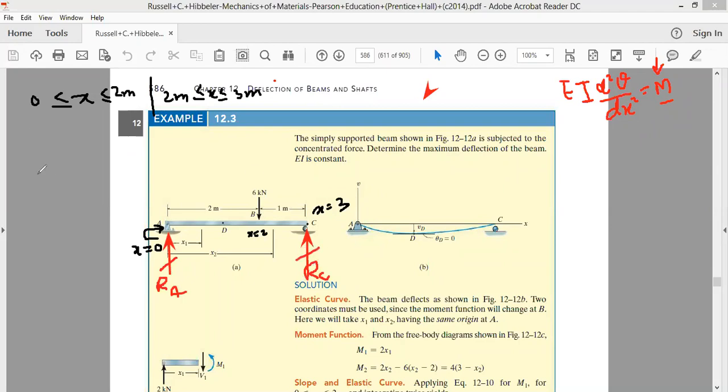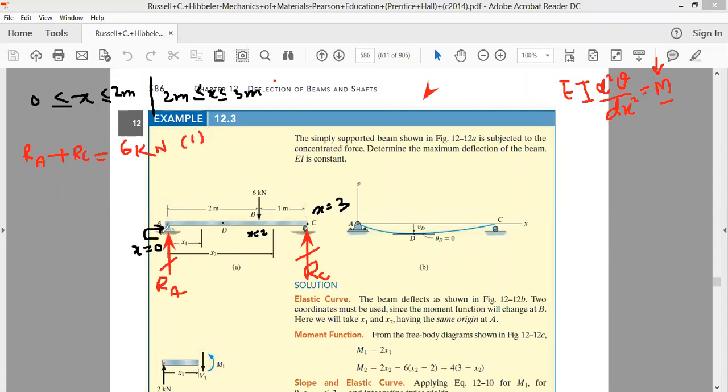We write the equations of equilibrium. RA plus RC is equal to the load acting downwards, that is 6 kilonewton. Or we can also write RA plus RC minus 6 kilonewton is equal to 0. That is, RA plus RC will be equal to 6 kilonewton. We'll call this equation 1.